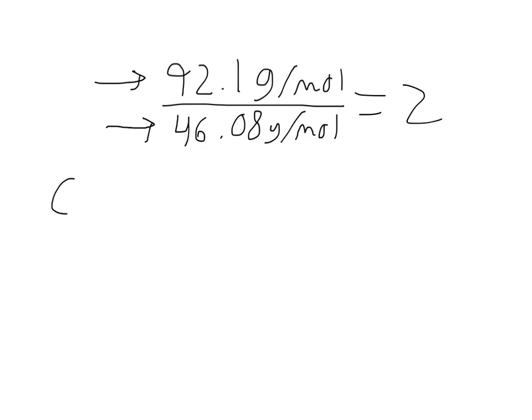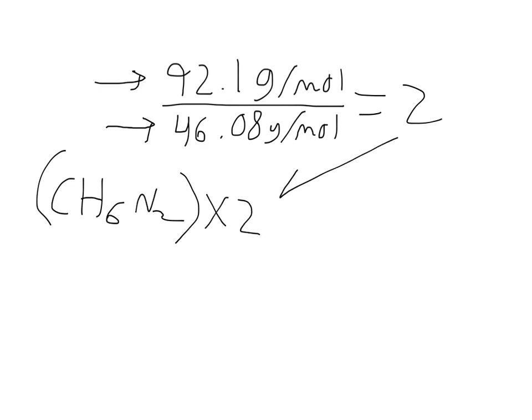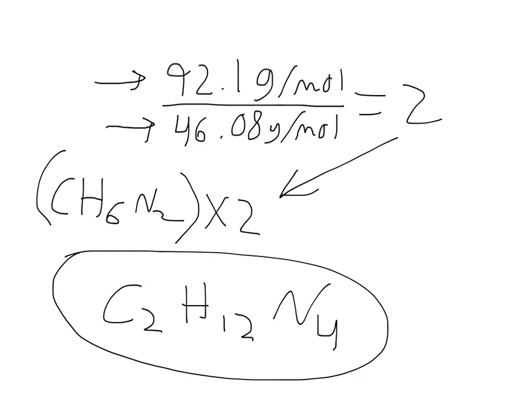Now I'm going to take my empirical formula of CH6N2 and multiply that by 2, and this gives me my molecular formula, which is C2H12N4, and that is what we are looking for.